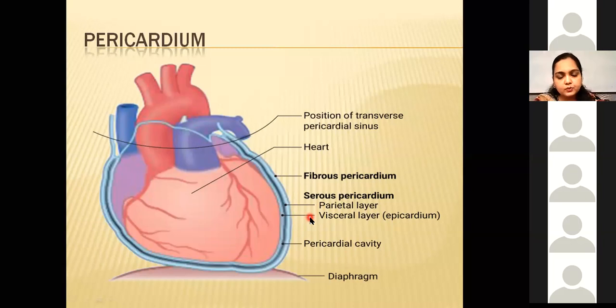This space is present between the two layers of the serous pericardium, between the parietal layer and the visceral layer, which can also be termed epicardium. This potential space is called the pericardial cavity. It contains ultrafiltrate of plasma, that is the fluid, and it contains 20 to 50 ml of pericardial fluid.